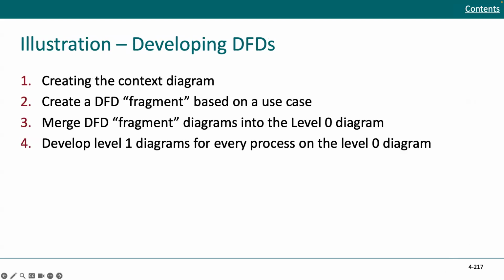Okay, we'll have some illustrations of developing the data flow diagrams, and so we'll show creating the context diagram, creating a data flow diagram fragment based on the use case, merging data flow diagram fragments into a level 0 diagram, and developing level 1 diagrams for every process on the level 0 diagram.